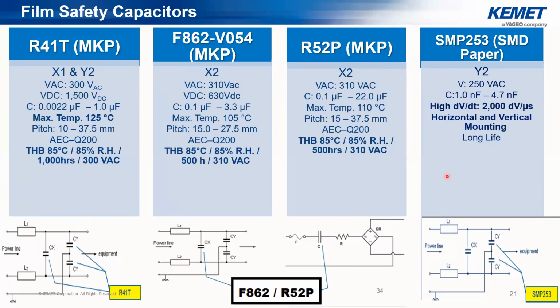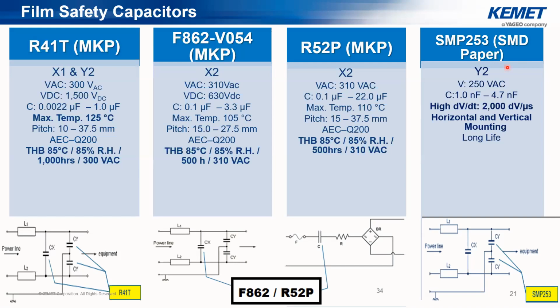We have this new SMD SMP253 paper-based series. The main advantage that a paper-based series offers you is the high dV/dt capability, and now we also make it possible for you to use this in an SMD format, because the SMD construction type is something that many designers really want for future designs.